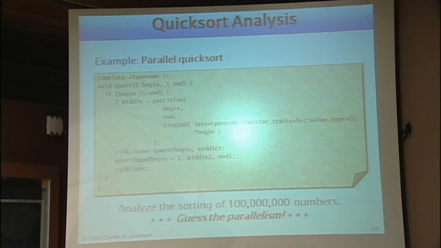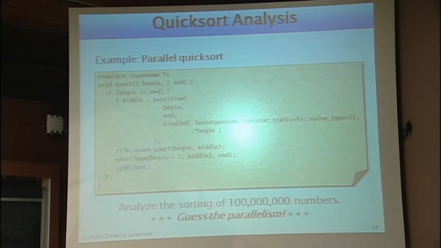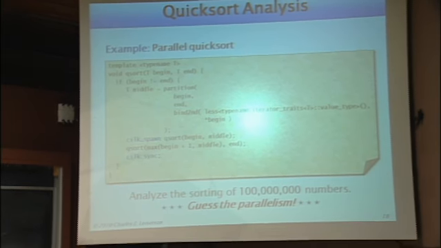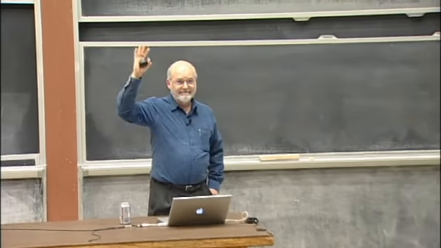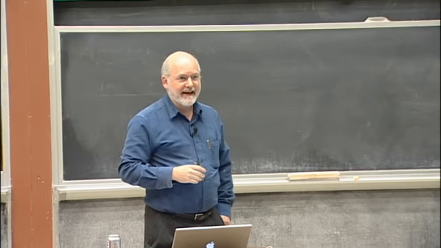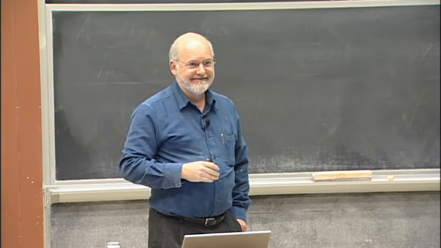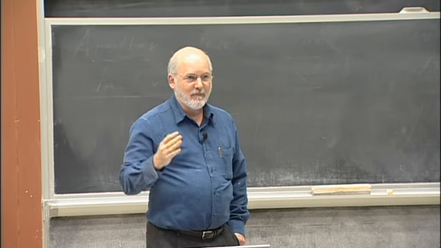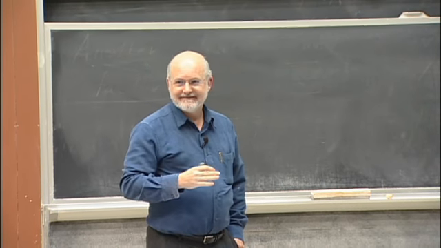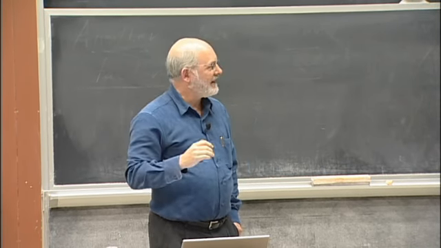So how many people think more than 1 million parallelism? Raise your hand, more than 1 million. Okay, and how many people think more than 100,000? And how many people think more than 10,000? Okay, between the two, right? Anybody? Okay, more than 1,000? Okay, 1,000, okay. How about more than 100?